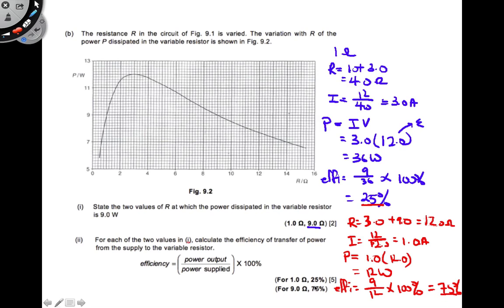In the first case, you're generating more power from the cell, but only 9 watts is used, 25%. In the second case, you're only generating 12 watts, but you're using 9 watts usefully, so you're making full use of 75% of it.